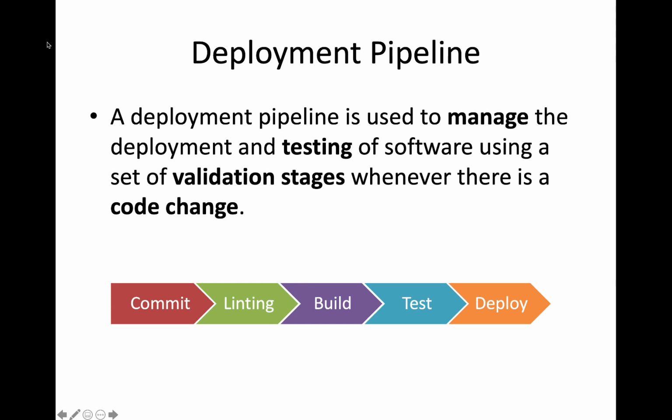We will take our software code and send it through a set of different validation stages whenever there's a code change that takes place in the organization. And the idea is that as our code progresses through the pipeline, we gain greater assurance that our code is ready for deployment and release into a production environment.